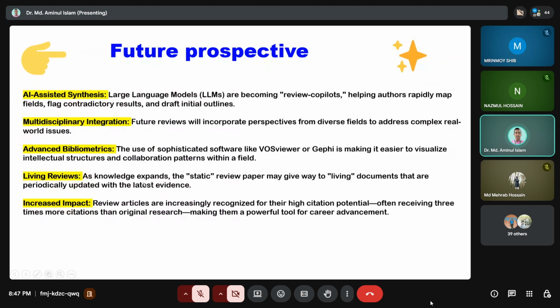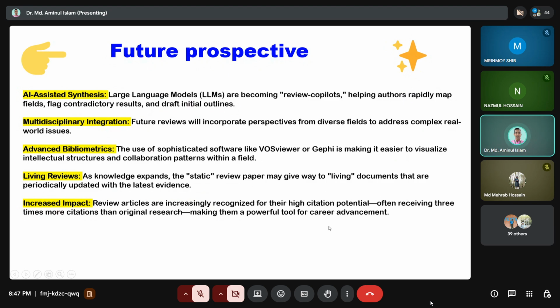Then I found that the author just added the updated information to a particular review and published. So he has published several reviews on the same topic, with the same title, but updating the information. So you can also publish living reviews.